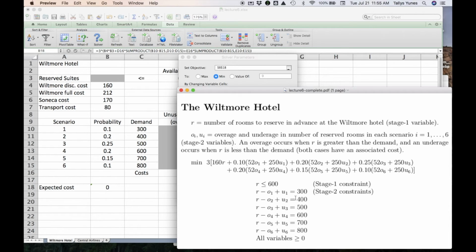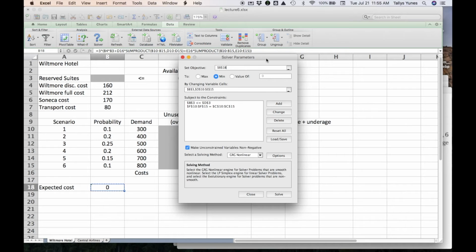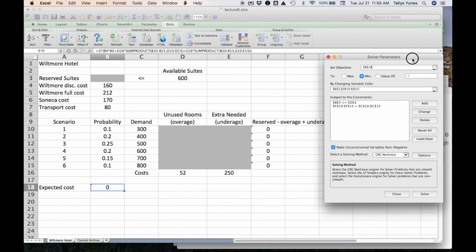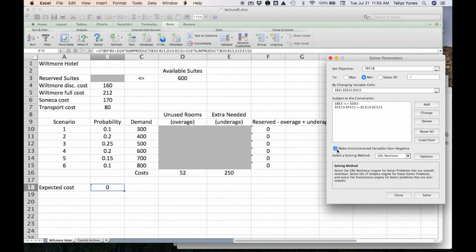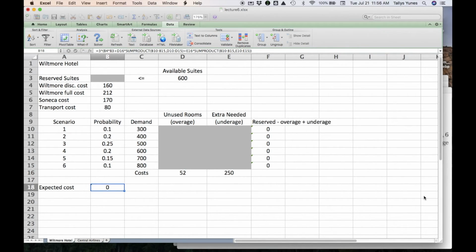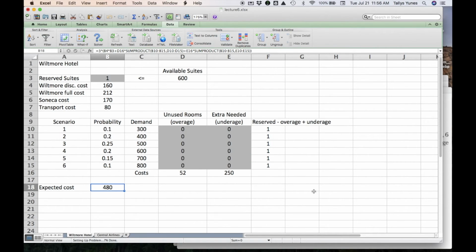These 6 guys, these six equal signs. And the last change is to, well, first make sure that all variables are non-negative. And this is all a linear problem, so it's simplex linear programming solver. And that should do it. Let's take a look.